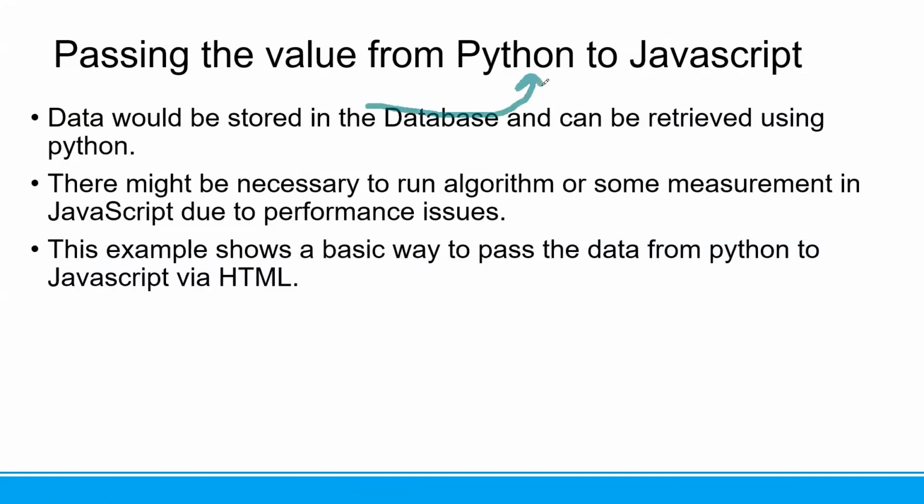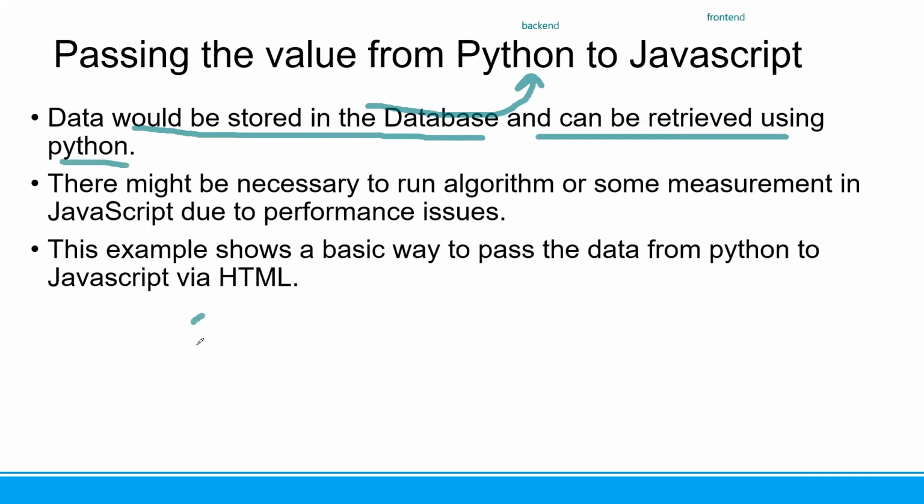First, the Python, actually, we can say this is the backend, something that runs on the server, on the main computer. But JavaScript runs on the user side, or we call it the front end. So it will affect what the user sees and what the client does. The data will be stored in the database and can be retrieved using Python.